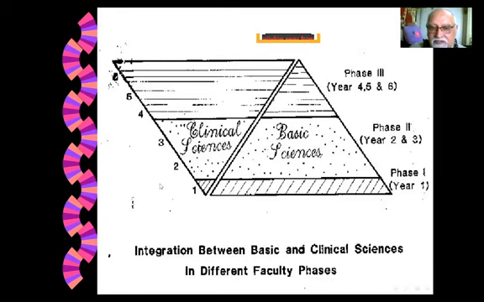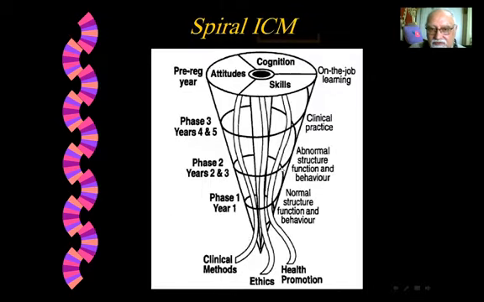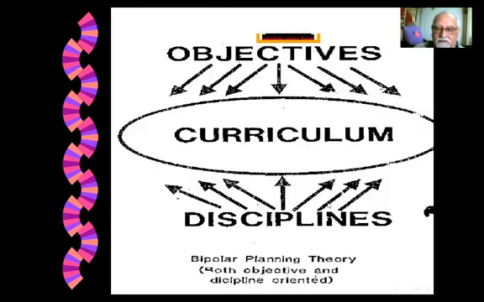So this is the horizontal and vertical integration between basic and clinical, but also we have this sort of spiral approach where some priority problems keep coming back to the curriculum, but with different depth and from different aspects. This is the spiral integration.